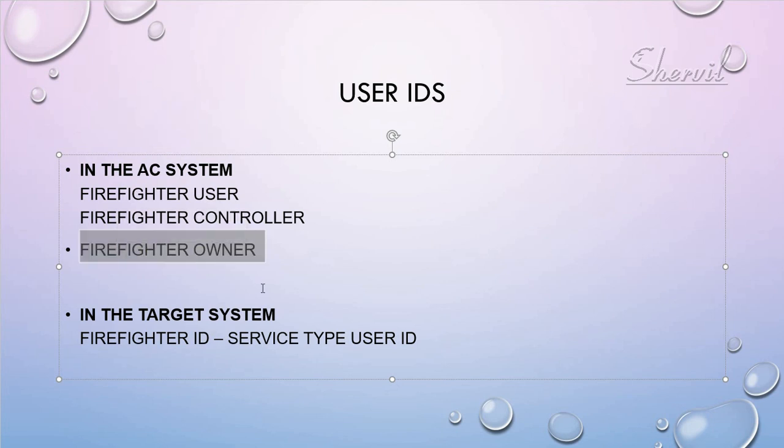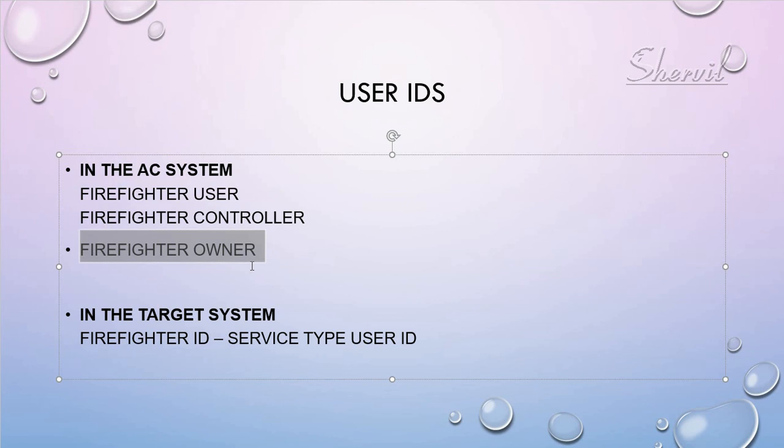The owners can assign firefighter IDs to firefighters and define who the controllers of those firefighter IDs are. Owners can view firefighter IDs assigned to them by the GRC administrators. Okay, they cannot assign firefighter IDs to themselves, that is, the firefighter owners.